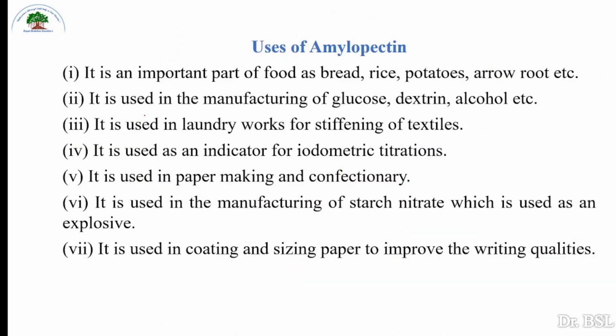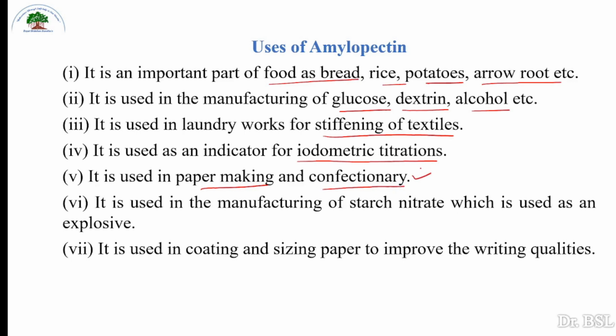Uses of amylopectin. It is an important part of food such as bread, rice, potatoes, arrowroot. It is used in manufacture of glucose, dextrine, alcohol. It is used in laundry works for stiffening of textiles. It is used as indicator for iodometric titrations. It is used in paper making and confectionery.